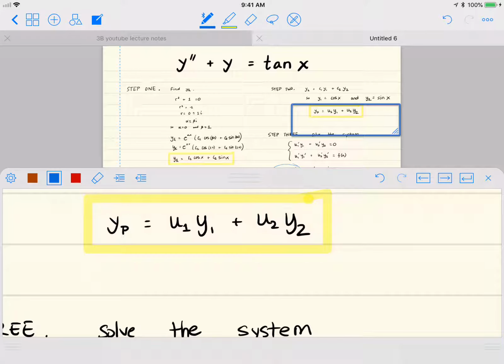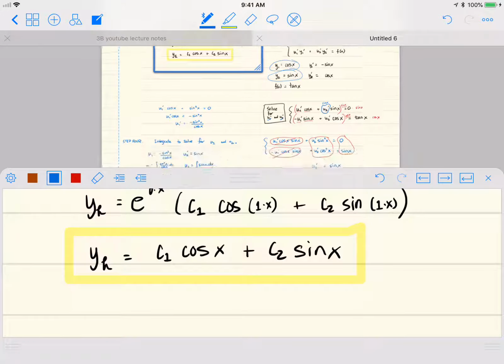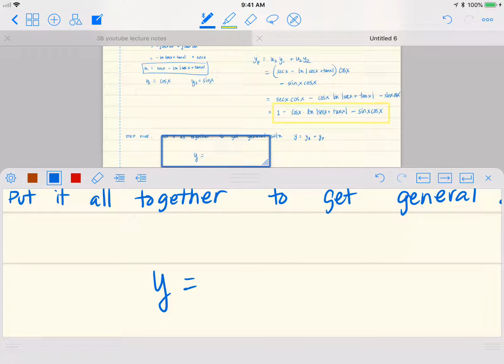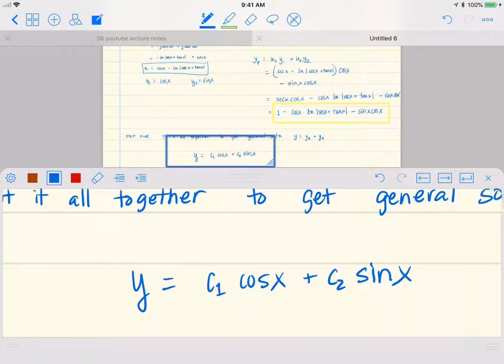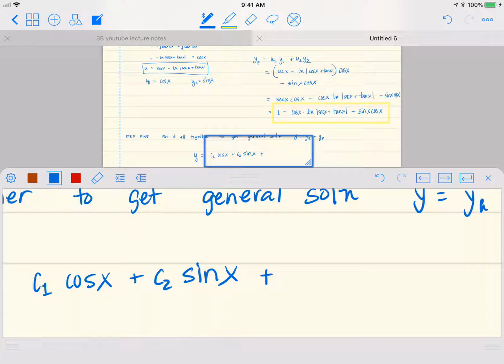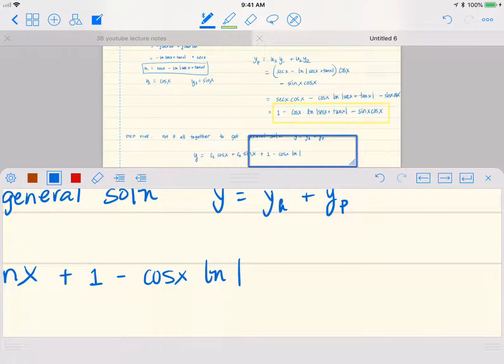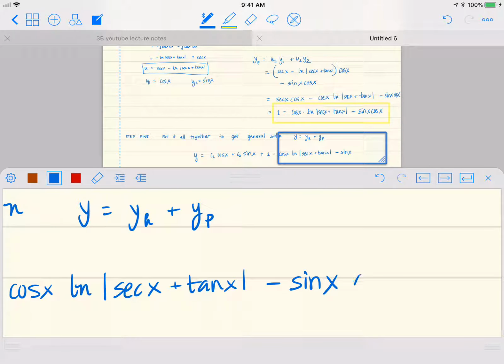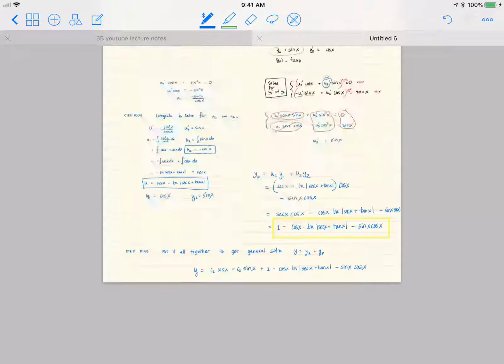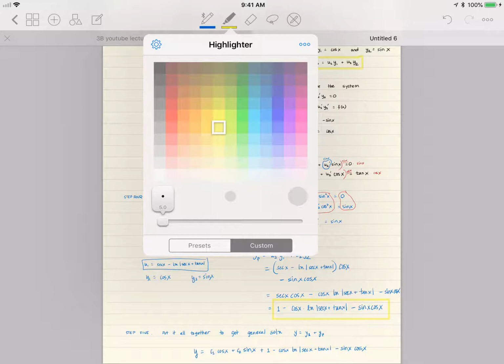What was yh? Yh is c1 cosine x plus c2 sine x. Okay, and then yp is this part right here, plus 1 minus cosine x natural log secant x plus tan x, and then minus sine x cosine x. And so that is our final answer.